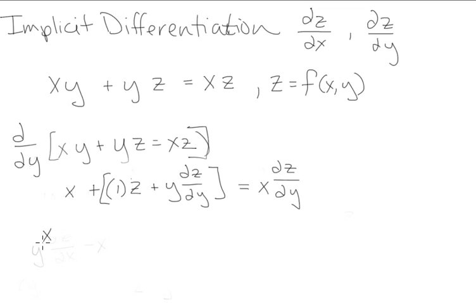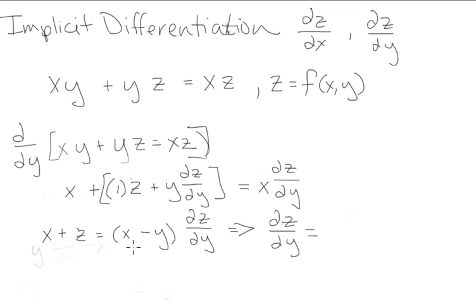I get y plus z is equal to, and I'm going to do the factoring in the same term, dz dy times x minus y. Notice that the minus comes from me moving this term to the other side. Final step, I need to take dz dy by itself, so I'm going to divide both sides by x minus y. So I get x plus z over x minus y.